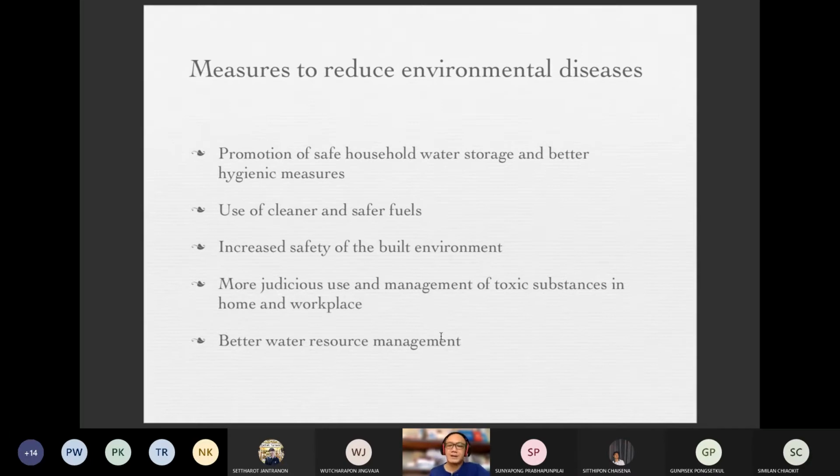There should be a specific agency working on this issue, especially in developing countries. Use of cleaner or safer fuels can also help suppress or minimize some kinds of airborne disease. But anyway, the change of fuel types from the past to the present also creates some emerging pollutants.